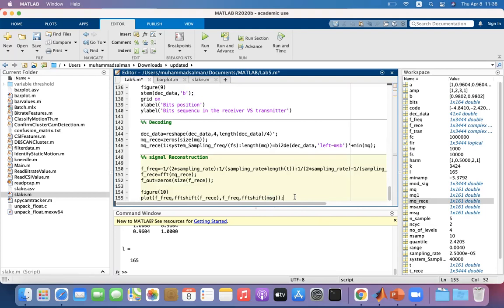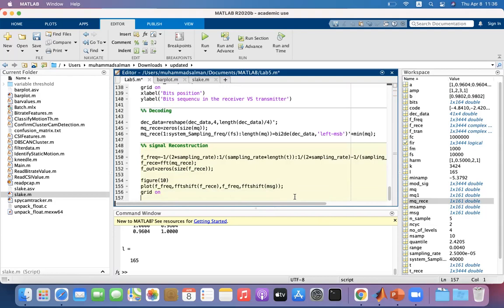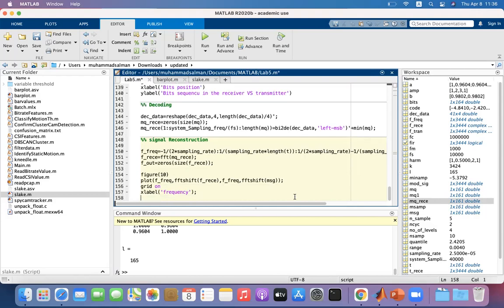And then after this, I should just grid on so that I can see the grid, and X label is my frequency domain. So I should say X label, and it is frequency, and the Y label is the FFT message and FFT receive signal.